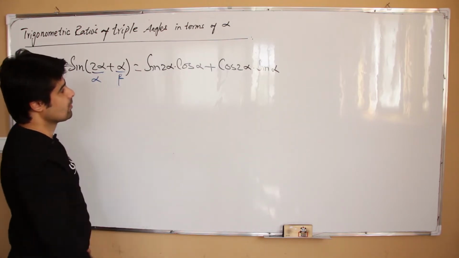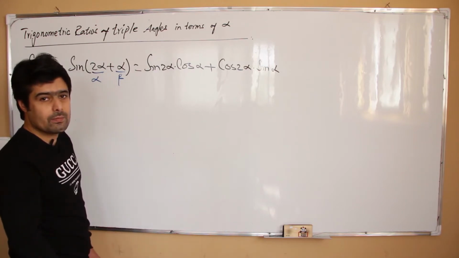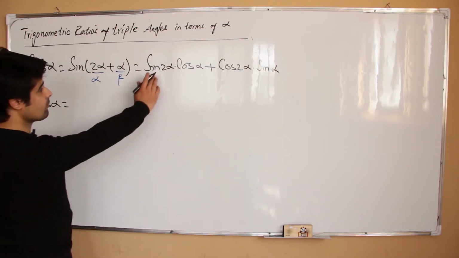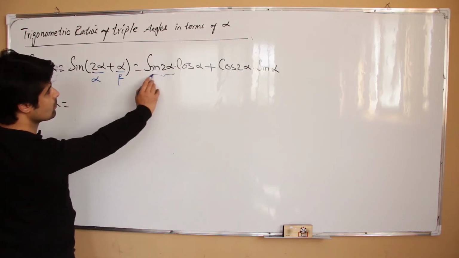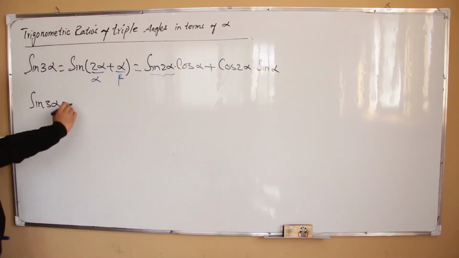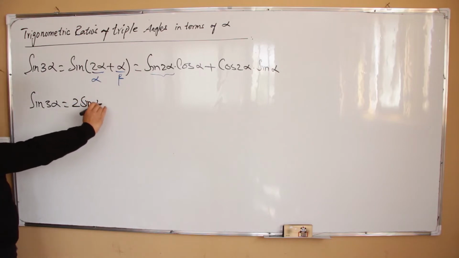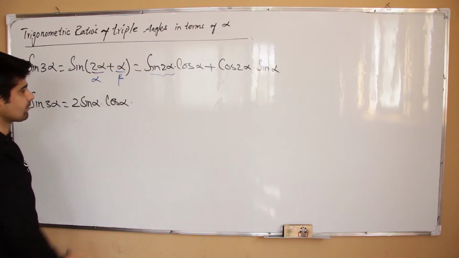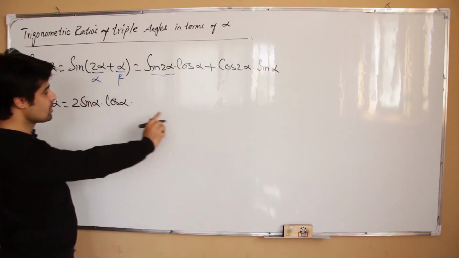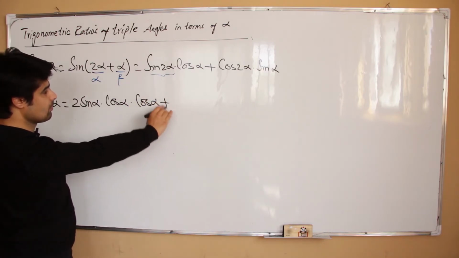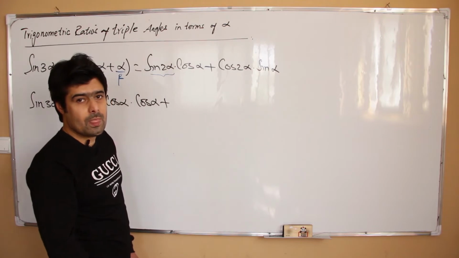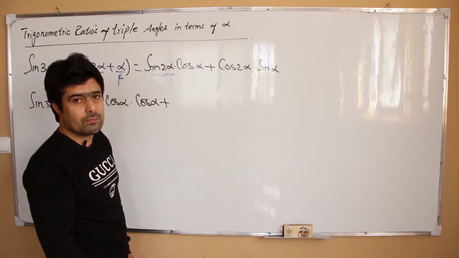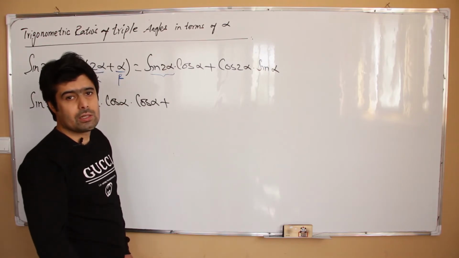Now sine of 2 alpha plus alpha is 3 alpha. Instead of 2 alpha we have to define its half. So what's the formula for sine of 2 alpha? For this one we have proved 2 sine of its half times cosine of its half. Am I right? Yes. Now put this one, cosine of alpha, plus instead of cosine of 2 alpha we have 3 formulas: cosine square minus sine square, 2 cosine square minus 1, and 1 minus 2 sine square.